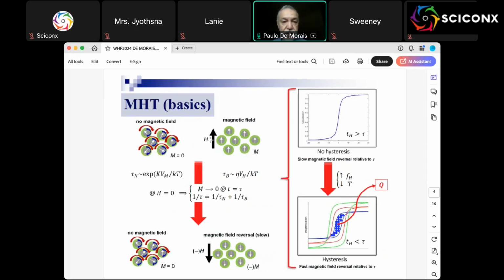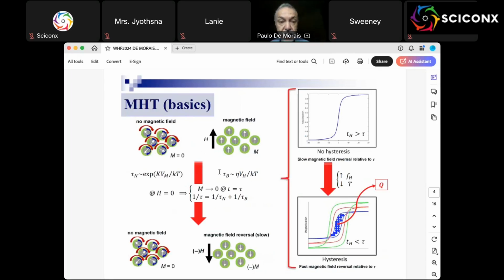And that relaxation takes time. There are two mechanisms of relaxation. One is called the Néel relaxation time, which is the relaxation of the magnetic moment inside the crystal structure of the magnetic nanoparticle.